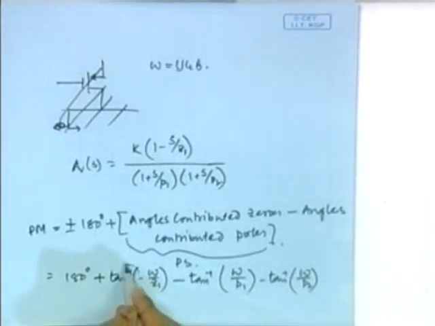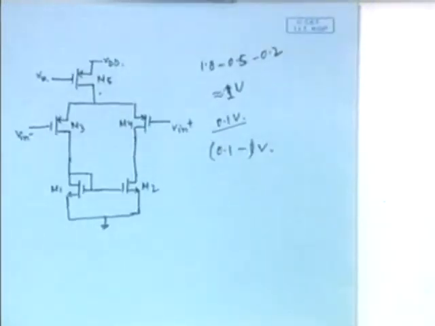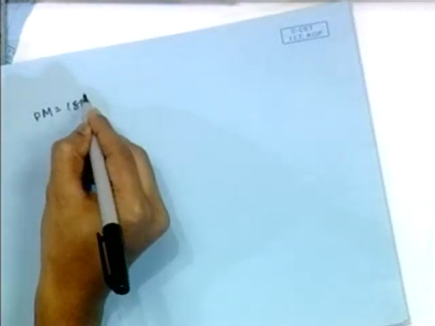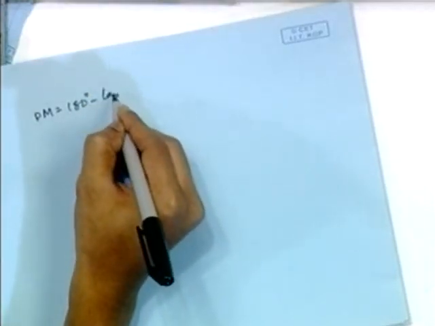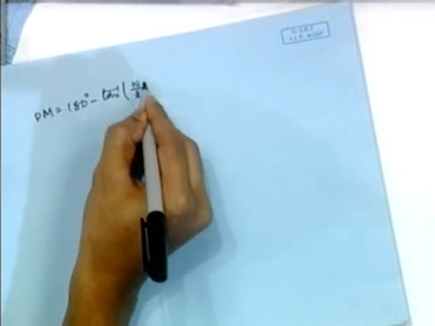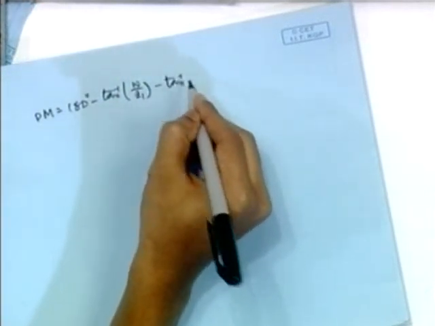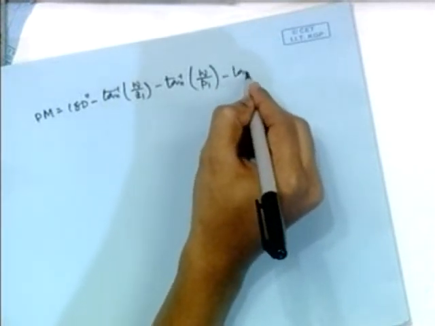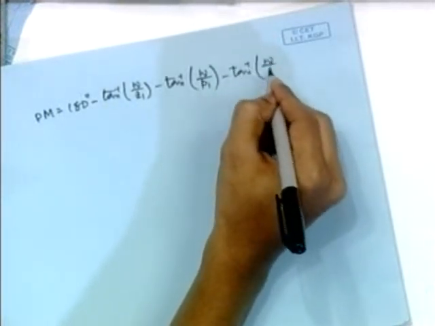So this minus will come outside, that means the phase margin should be 180 degree minus tan inverse omega by z1 minus tan inverse omega by p1 minus tan inverse omega by p2.